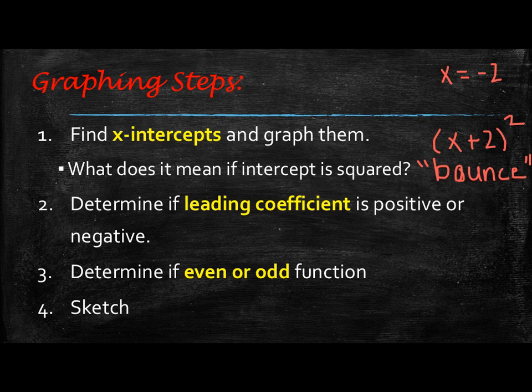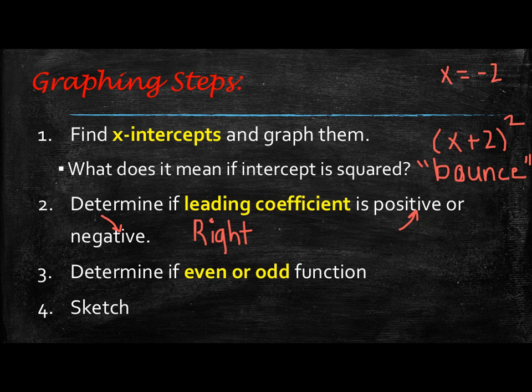Remember, this determines what is happening on the right side of your graph. If your leading coefficient is positive, then that right side is going to go up. If the leading coefficient is negative, then that right side is going to go down.